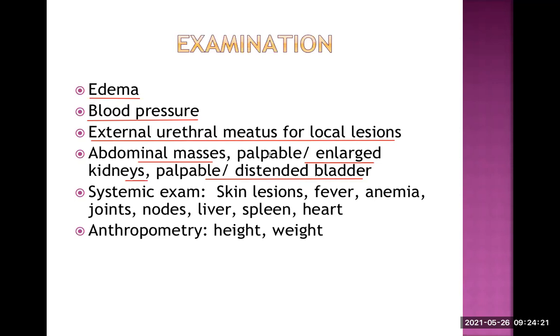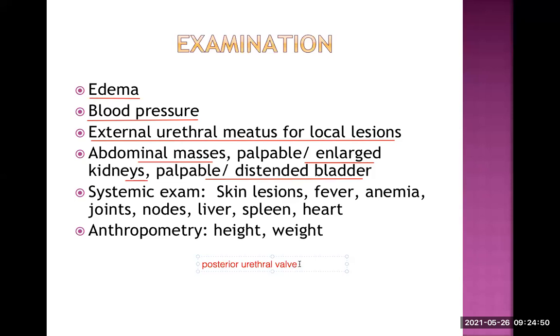But a palpable or distended urinary bladder is a very important feature of bladder outlet obstruction, and in case of a child, especially a male child, there is one special condition known as posterior urethral valve, which is present in the prostatic urethra.